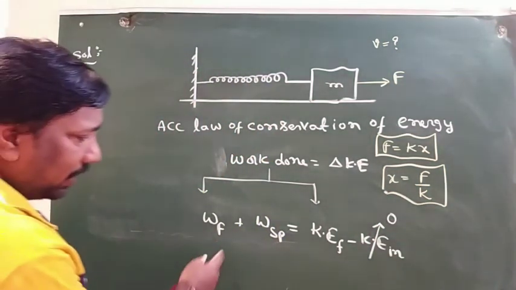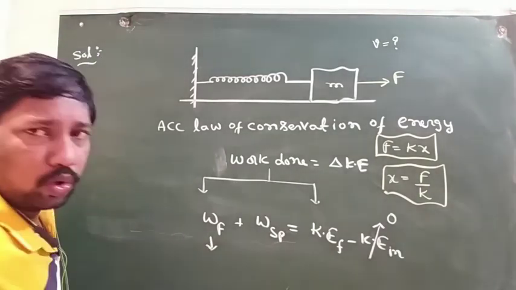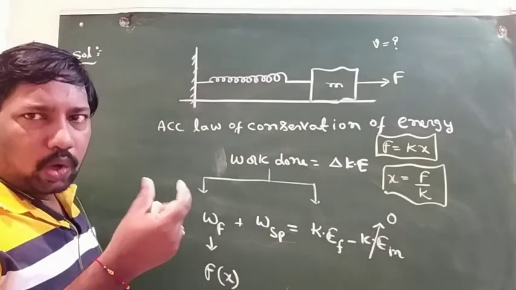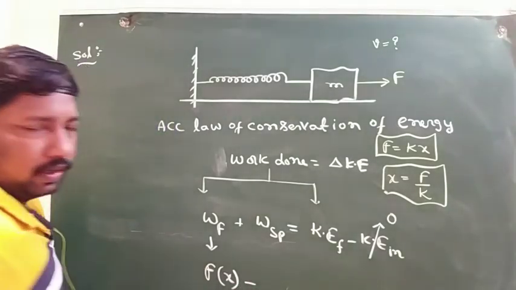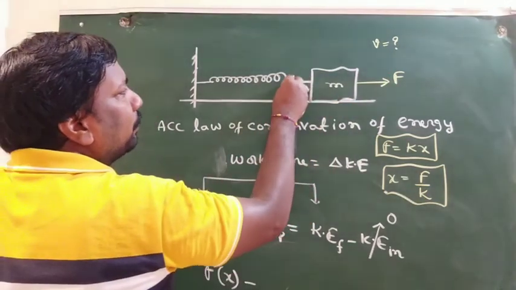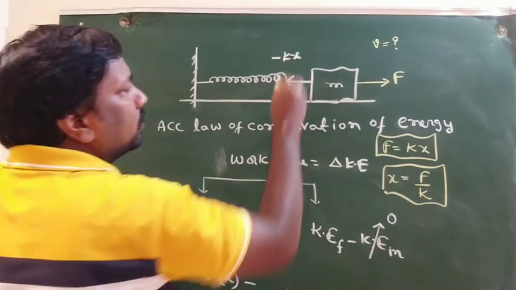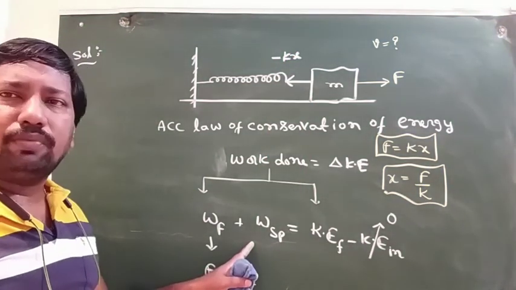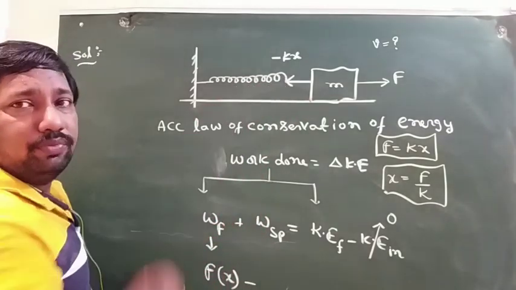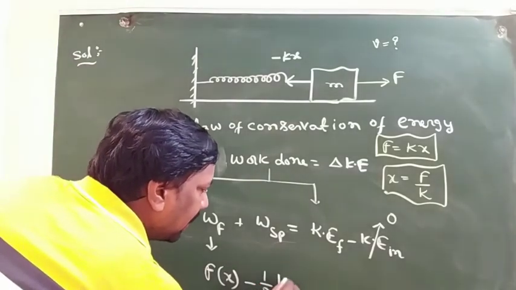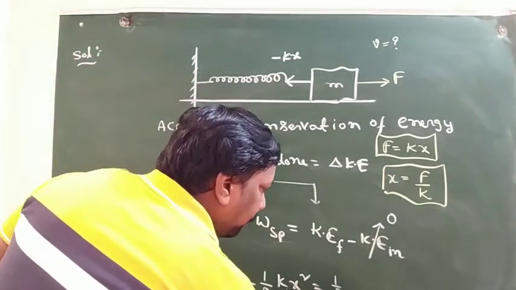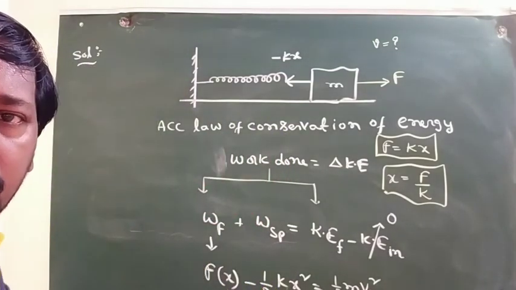Work done by the constant force, you know that W equal to F into S, where S is the displacement, that means the elongation x. The spring force acts in the opposite direction, minus kx, and the work done by the spring force is minus half kx squared, which equals the final kinetic energy, half mv squared.